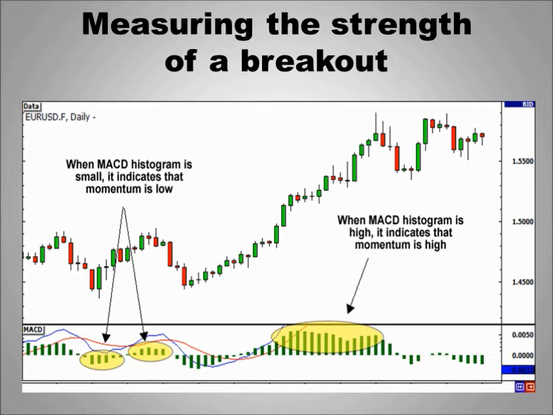Notice that the bars are small, and here we do have somewhat of a trend, but it's a very weak trend. Notice that the bars are large as we progress, and notice that the bullish trend has gone strong before it's ranging on top here.